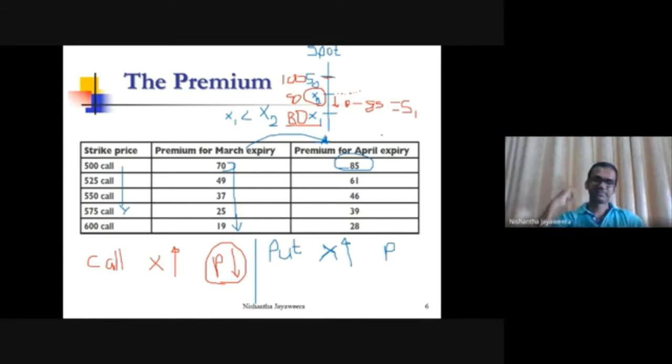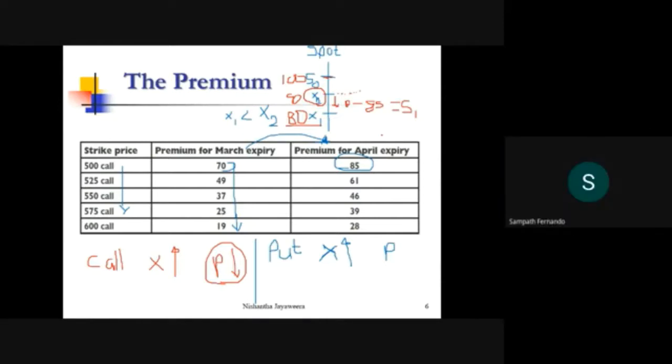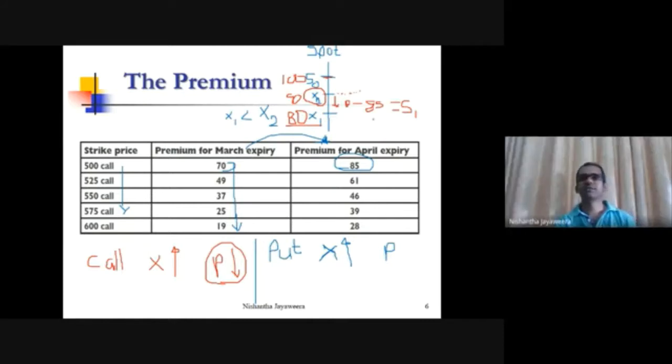Why? No, X1 is this one. This is X2. Remember X1 is less than X2. So the option with a strike of 90 has more value than the option with a strike of 80.